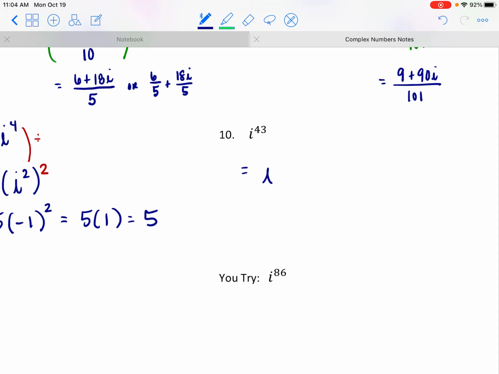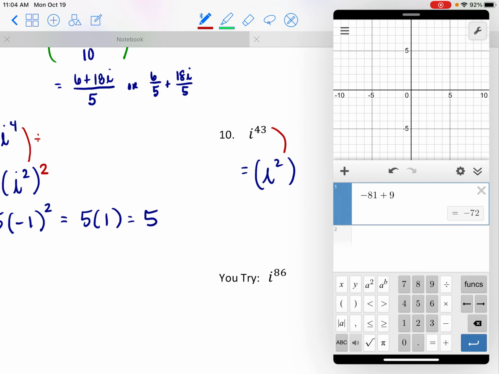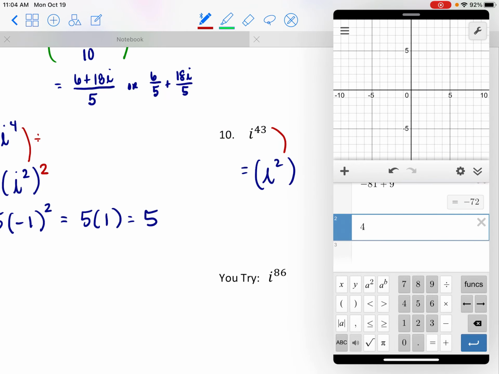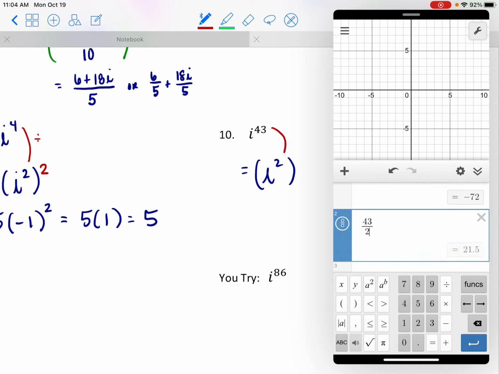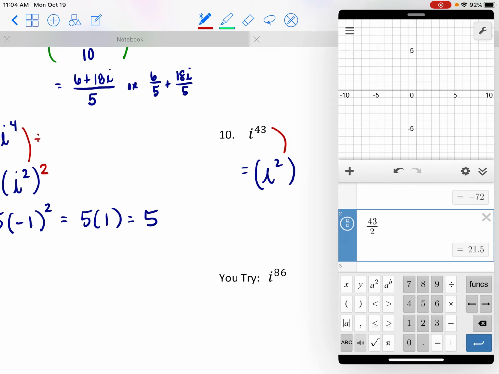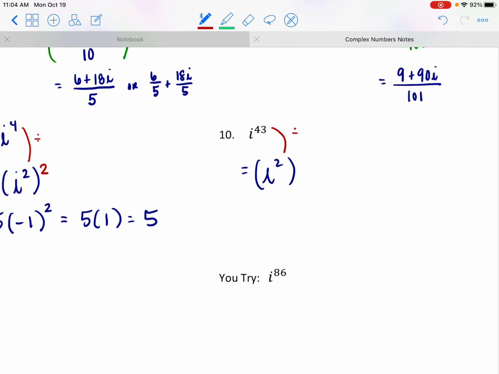And then we could use the same process here. So this is going to be i squared how many times? Well, if I take 43 and divide it by 2, and you don't have to try to do that in your head, it's going to go in 21 times, and then there's going to be 1 left over. See the 0.5? That's 1 out of the 2 left over. So 21 here, and then there's going to be 1 i left over.